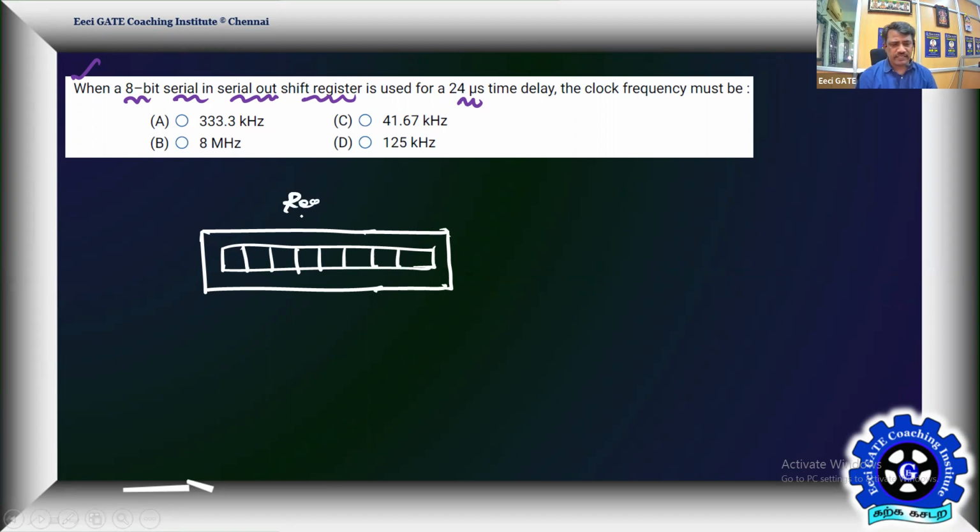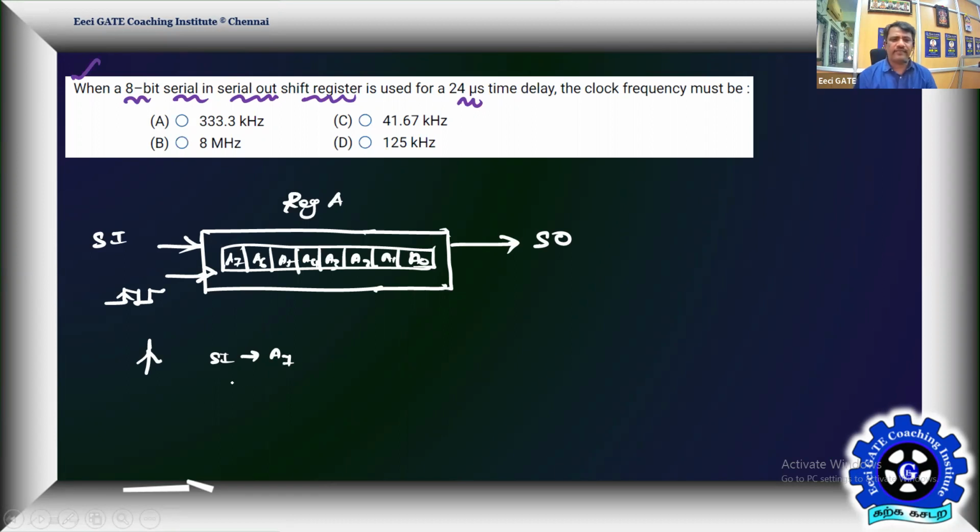So I have a register, say for example, register A, with A7, A6, A5, A4, A3, A2, A1, and A0, the content of the register. This is getting the data serially in and producing the data serially out. It will be clocked properly, so assume it is positive edge clocked. What is the operation? When I give the clock, SI goes to A7.